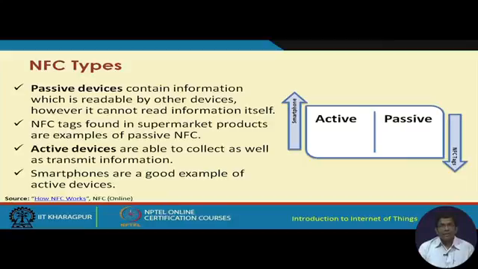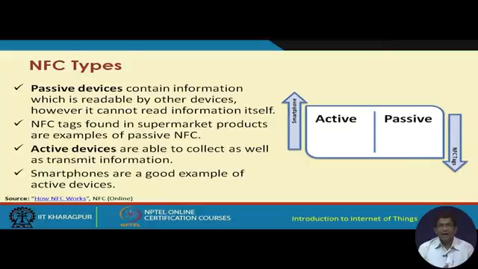An example, as I just said, is the use of active NFC in smartphones, and the passive devices are typically used in NFC tags and so on. These are very similar to RFID tags and a very similar kind of technology, which is based on magnetic induction.